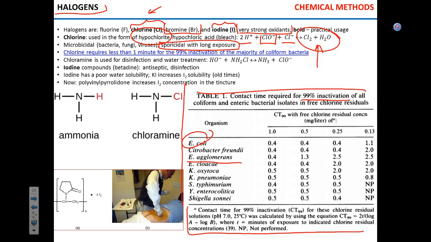Enterobacter glomerans. It's been renamed. Now it's Pantoea glomerans. Enterobacter cloacae, Klebsiella oxytoca, Klebsiella pneumoniae, Salmonella. Salmonella sounds familiar. Yersinia enterocolitica. Shigella.